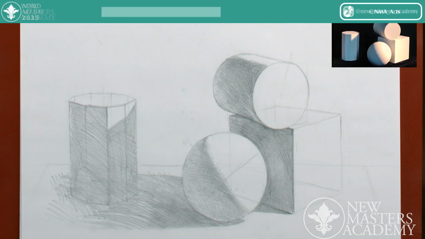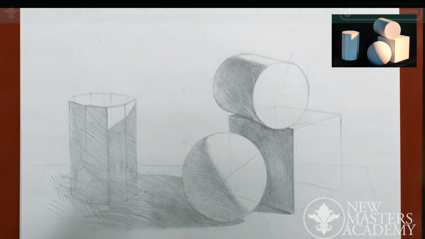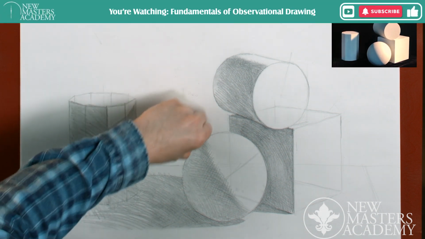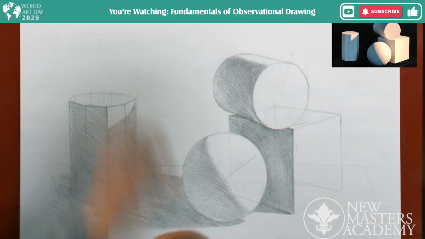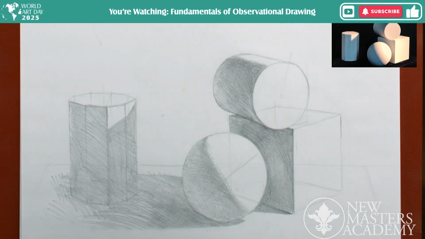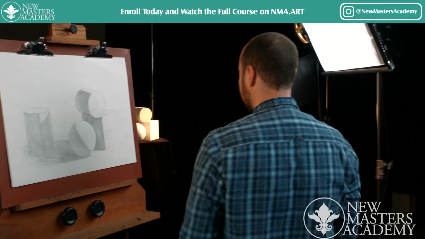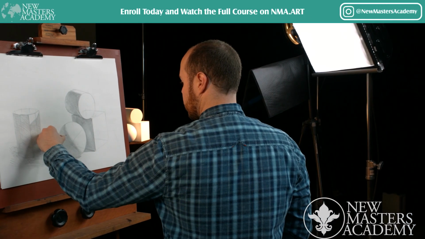Okay, so here we have a little more clarity and a little more variation within the shadows in our cube and our cylinder. Let's move on and do a little bit more of that with our sphere.